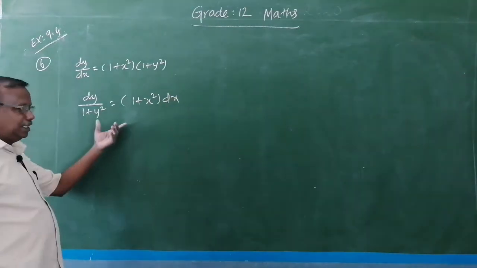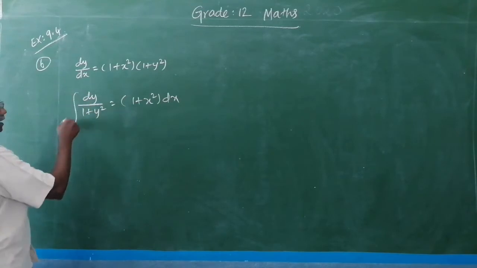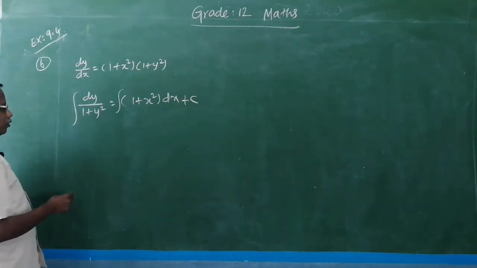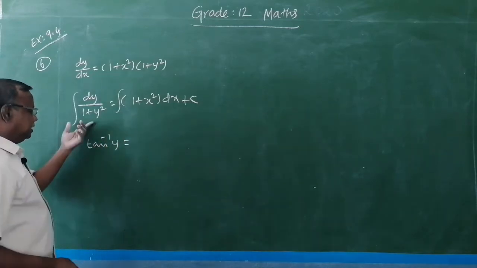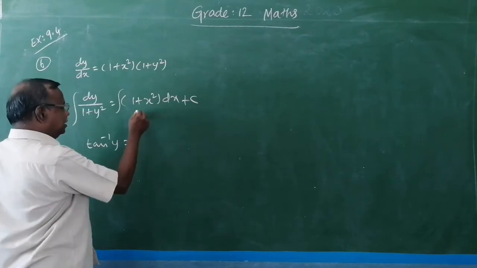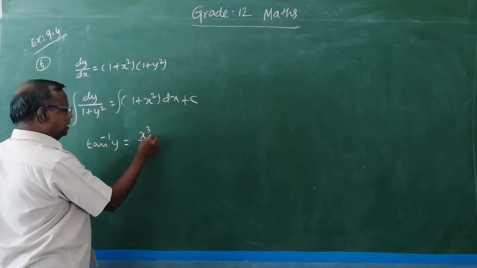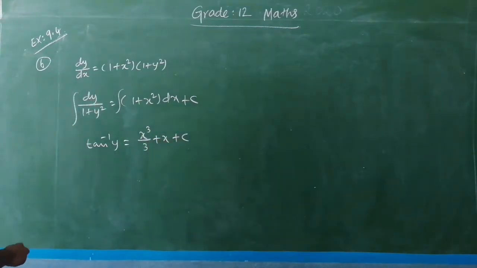So we have separated variables, with corresponding dy and dx. Now integrate here itself, put one arbitrary constant, plus c. The integral of 1/(1 + y²) is tan inverse of y, and the right side is x³/3 + x + c. So this is the answer.